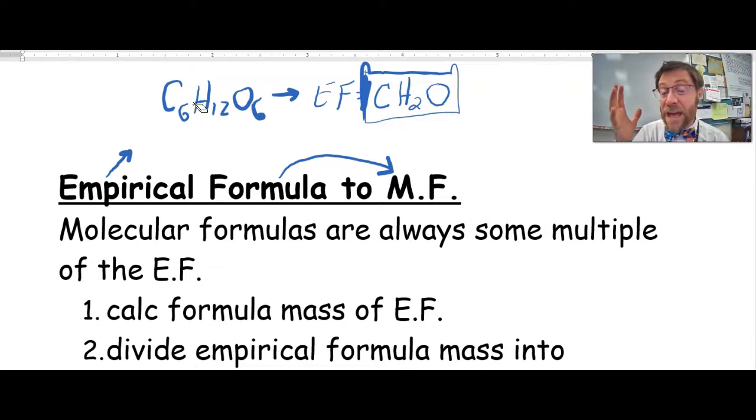But really that's it. We get the formula mass-ish, like a range, and we get the empirical formula. Those are the only two things that we can really discover in the laboratory. And so we've got to work a little bit backwards to go from empirical formula and molecular mass to figure out what is the actual molecular formula. Simple, easy as pie stuff, right?